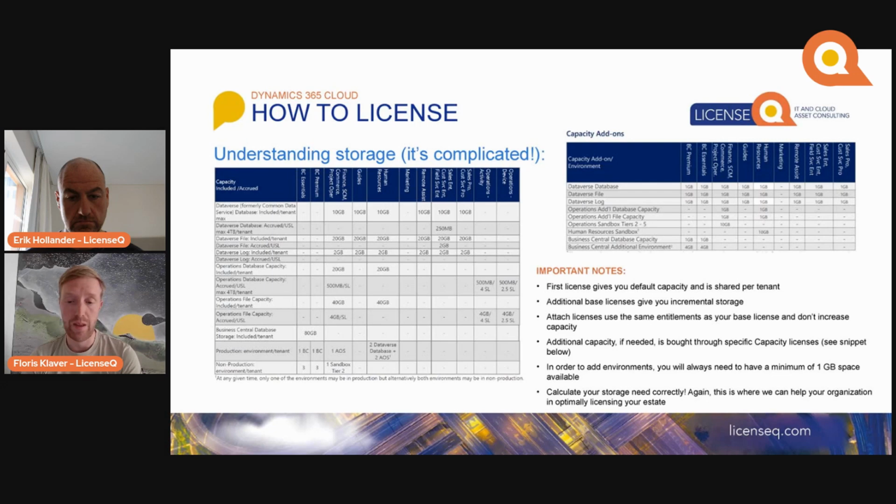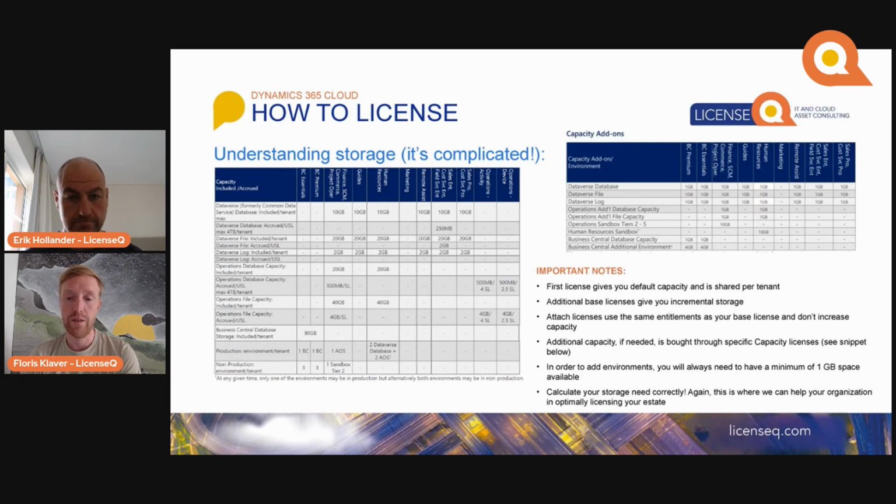If you want to add additional environments, so meaning you want an additional production environment or a sandbox environment, which Microsoft calls a non-production environment, you will need to have a minimum of 1 GB of space available to create this environment. And then obviously you need to have the available storage to store the different types of data that you need in that environment.